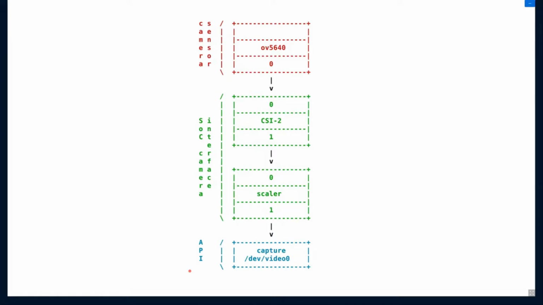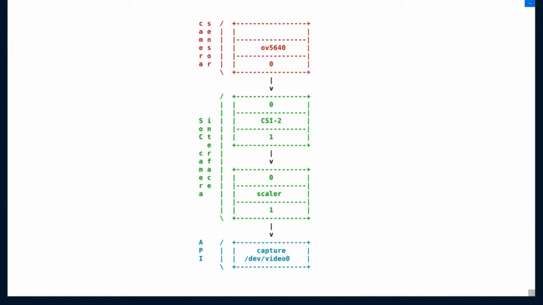You would have a camera sensor at the top, and there would be an interface, CSI2 or even parallel, and that would get exposed through a video node. So writing user space applications was pretty easy. You would have only one place for control, one place to look for frames, and just display it to your output window. So this was basically very simple.